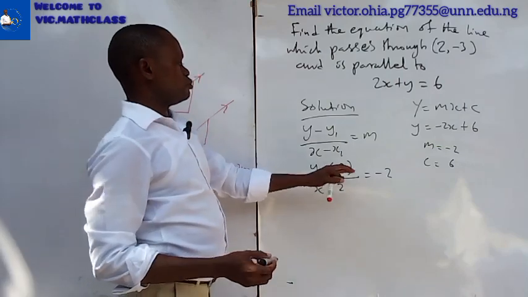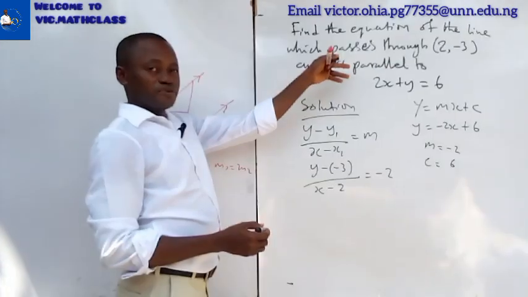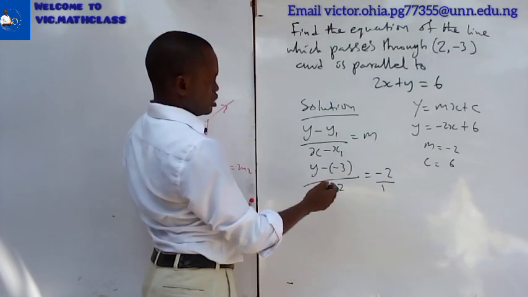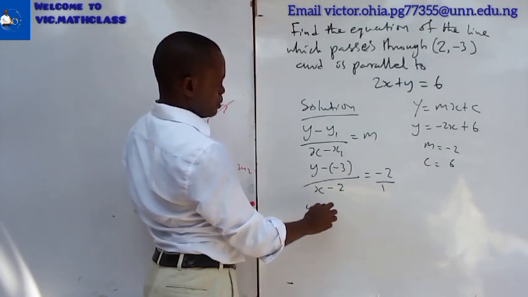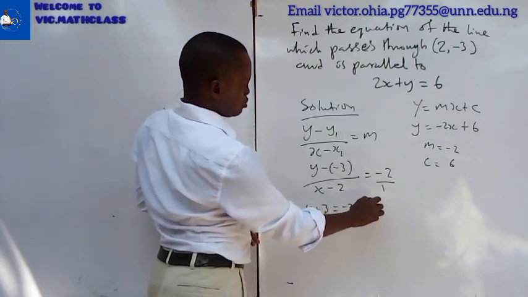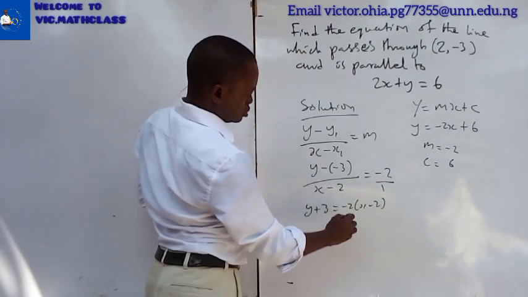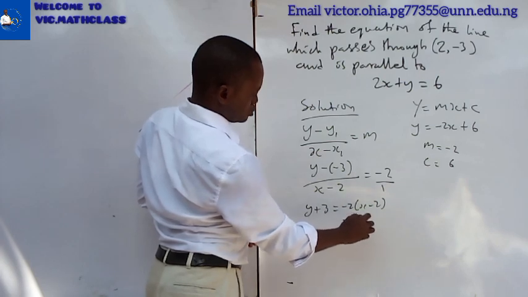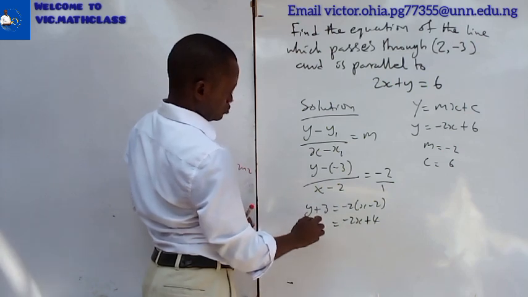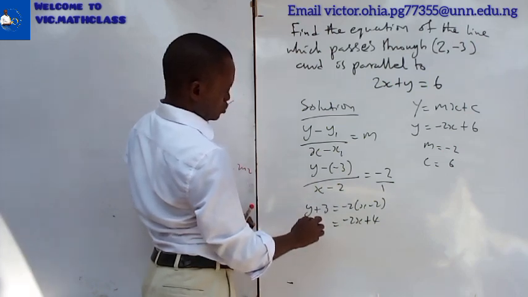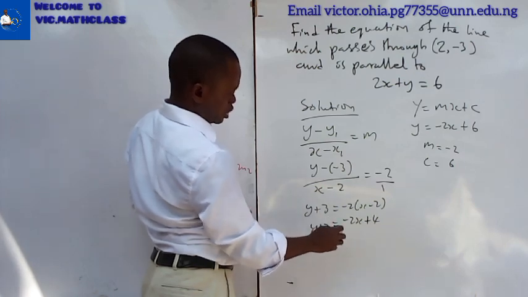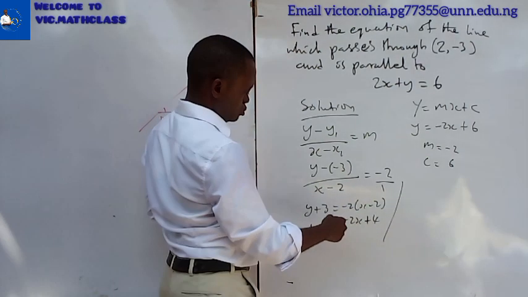With this, I can penetrate into the equation that is not given and calculate it. If I cross multiply, I will have y plus 3 equals minus 2 bracket x minus 2, so this is minus 2x plus 4. I can rearrange this to look better.